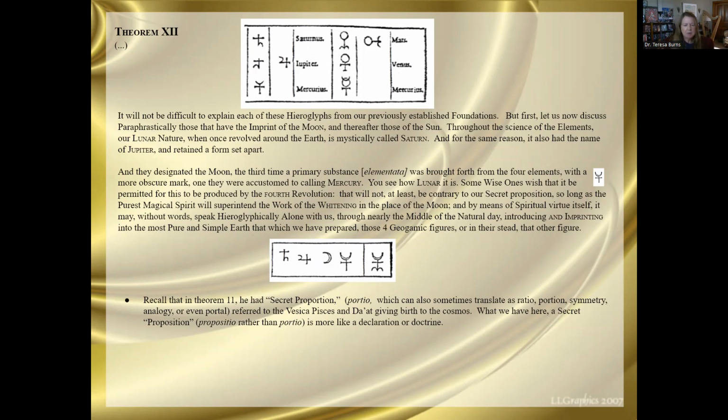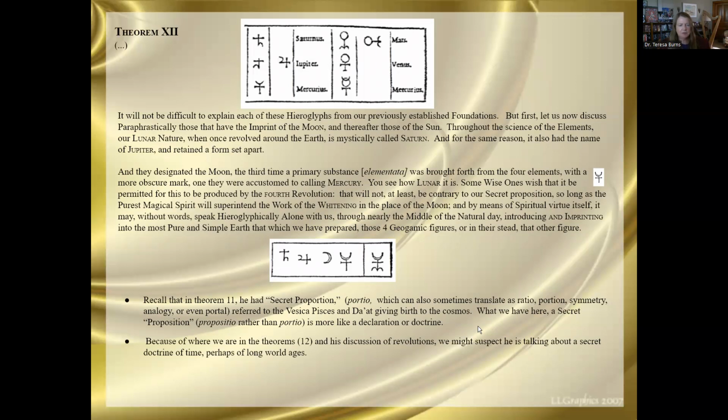The secret proposition, propositio rather than portio, it's a different word, but has a very different connotation here. A proposition also carries the idea of a declaration or a doctrine. And what is the most prevalent doctrine among educated humanists in Dee's age? Christian doctrine, of course.